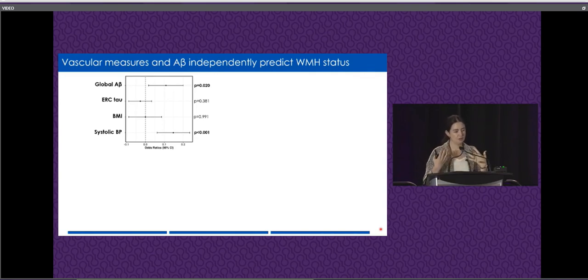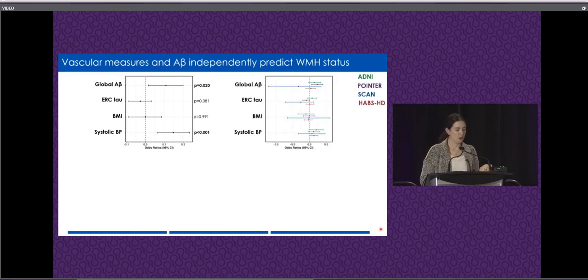So this is the results of a logistic regression predicting white matter hyperintensity status. And you can see that even though the overall association between global amyloid and white matter hyperintensity volumes is small, it independently predicts white matter hyperintensity positivity along with systolic blood pressure in this model.